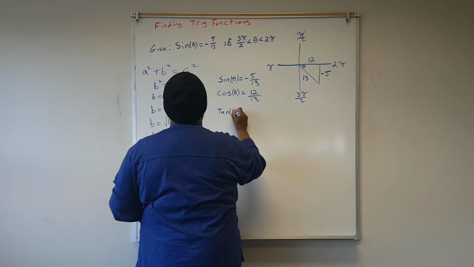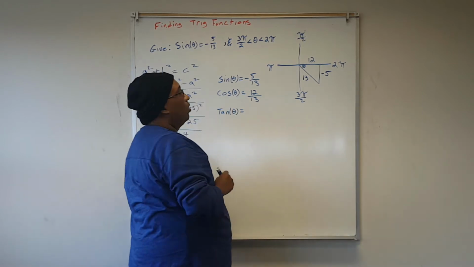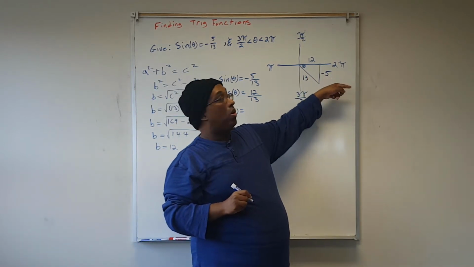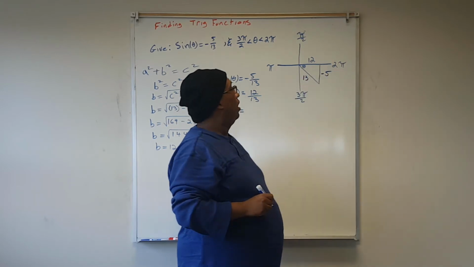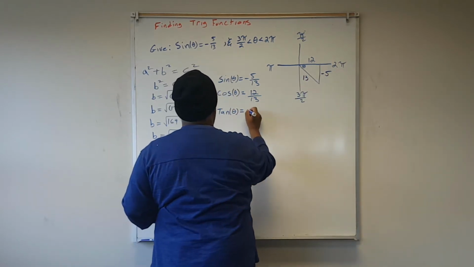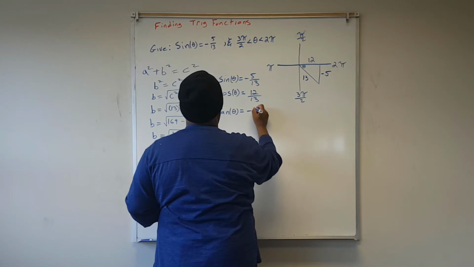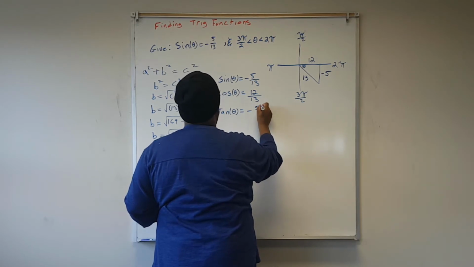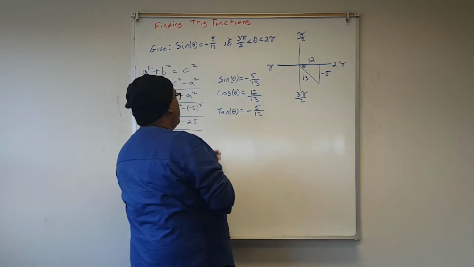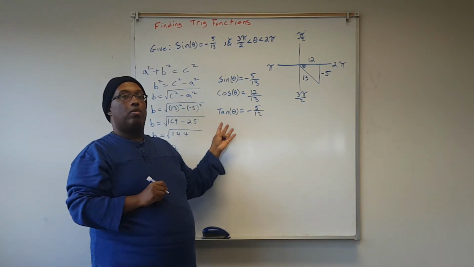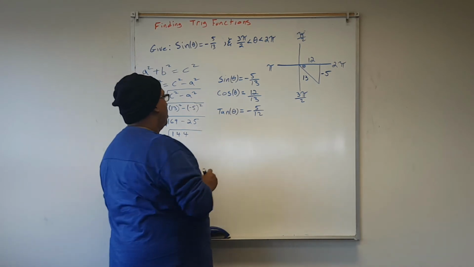Tangent of theta is equal to opposite over adjacent, so that's negative 5 over 12.